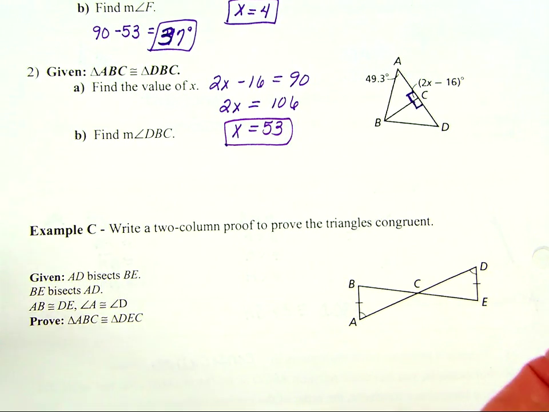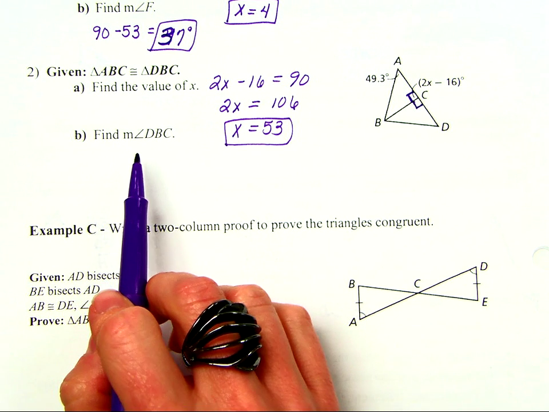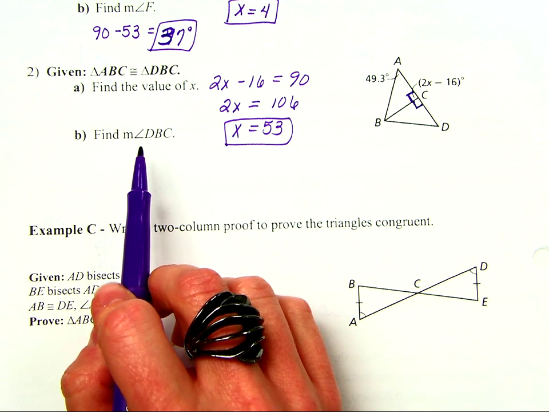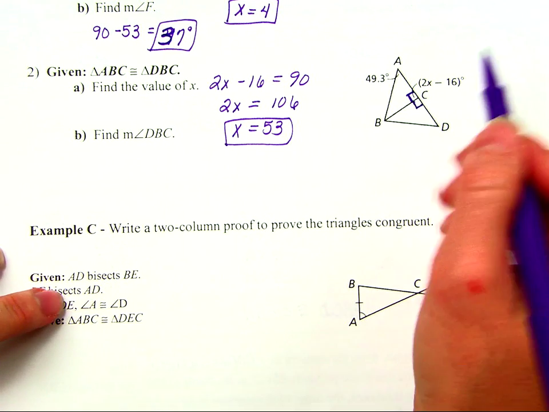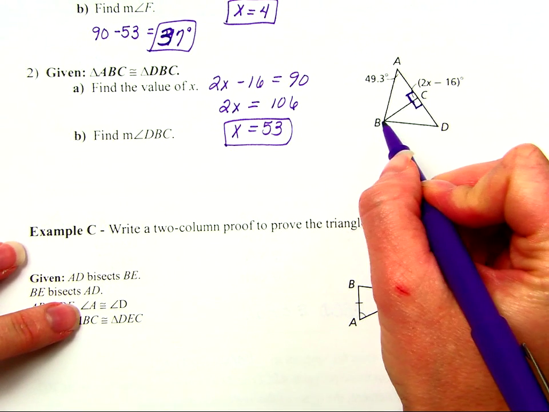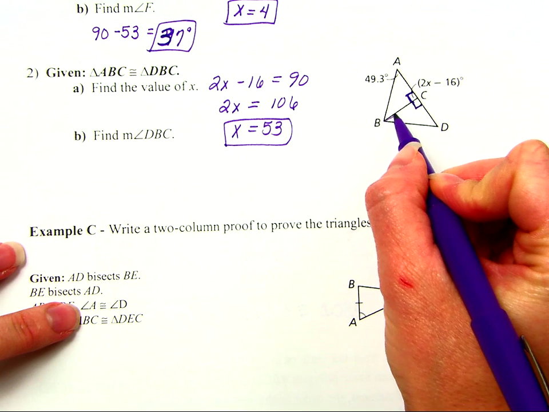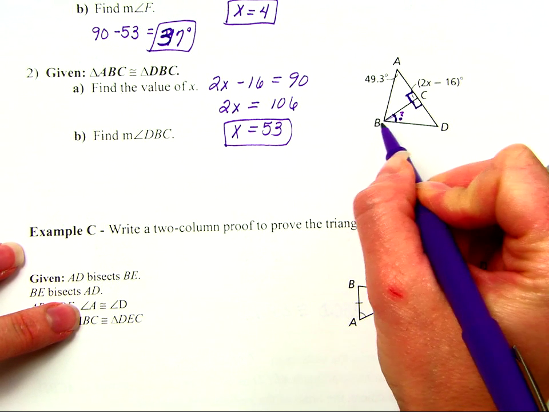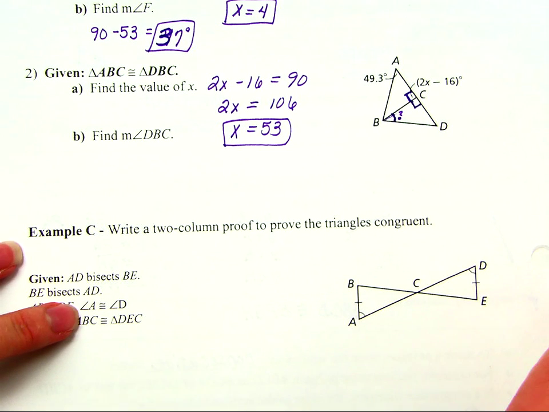My second question asked me about finding the measure of angle DBC. Well, the first thing is that we have to be able to identify that angle. Angle DBC is actually this angle right in here. If you trace it with your pencil, DBC, it will help you to find it.